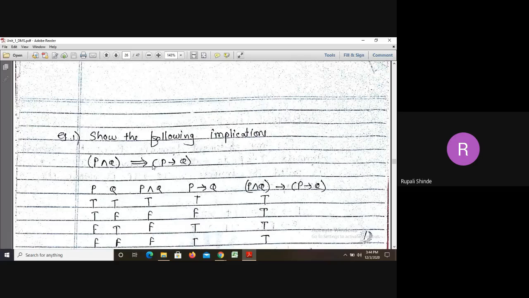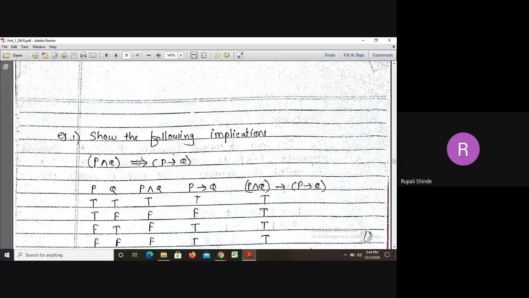P and Q implies P conditional Q. First of all, we are going to show this by using a truth table. How can we prove these implications? We have to take the conditional between these two formulas, and if that conditional is a tautology, then only we can say that the first formula implies the second formula.